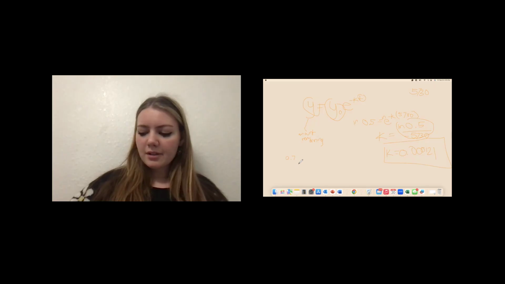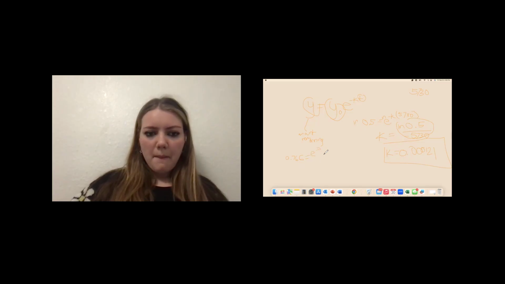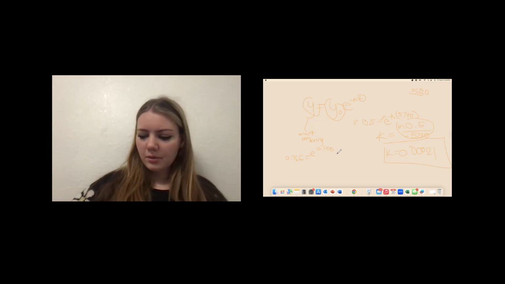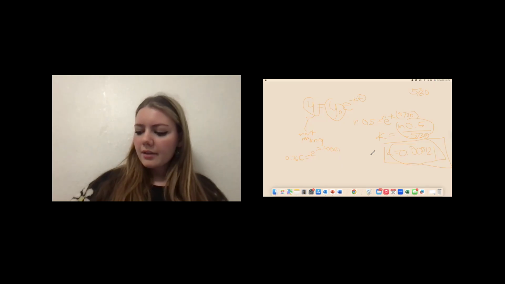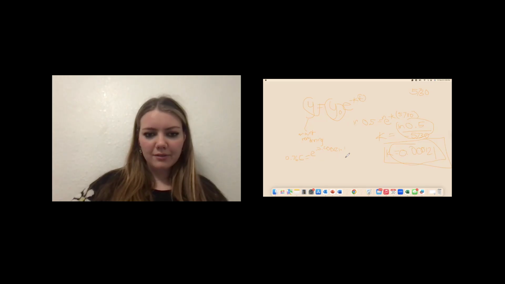We get 0.766 equals e to the negative 0.000121, which is where we got this k number. And then we're going to multiply that by t. So we're trying to find T. We're trying to find how old the bone is.